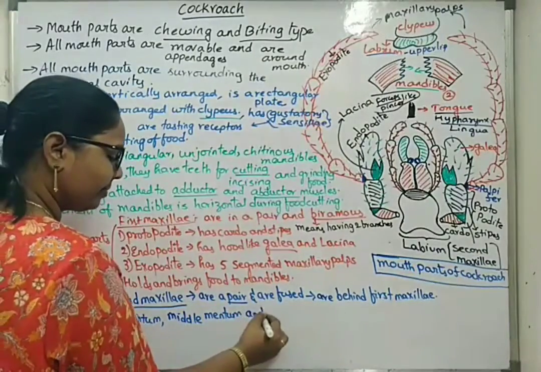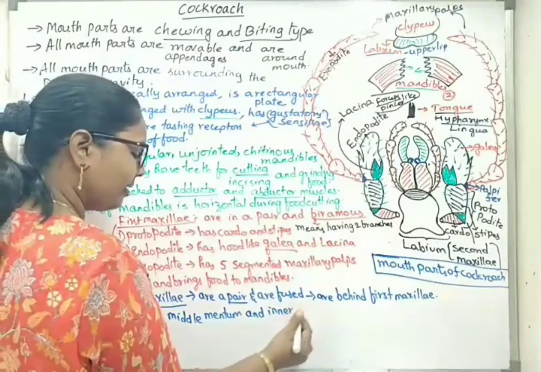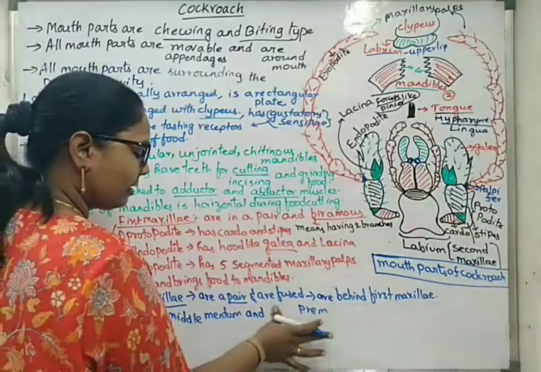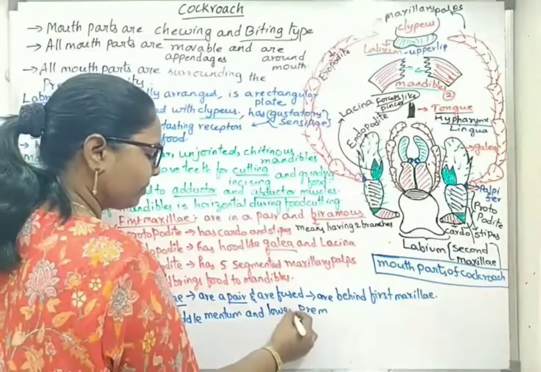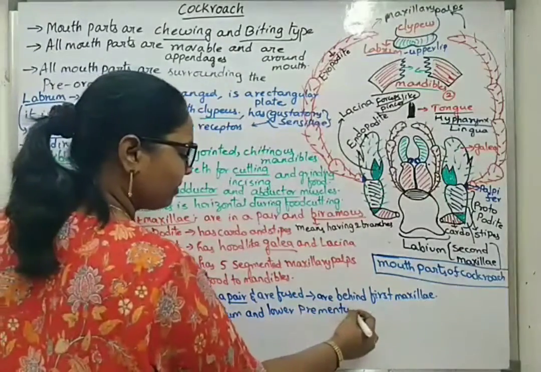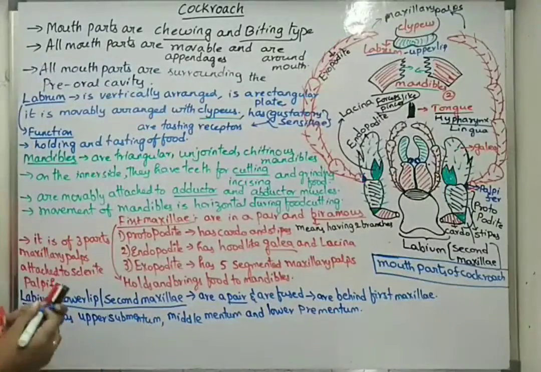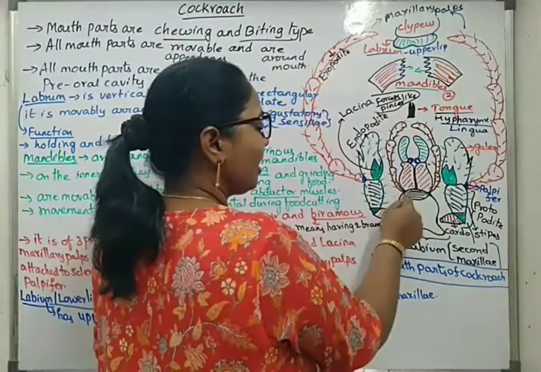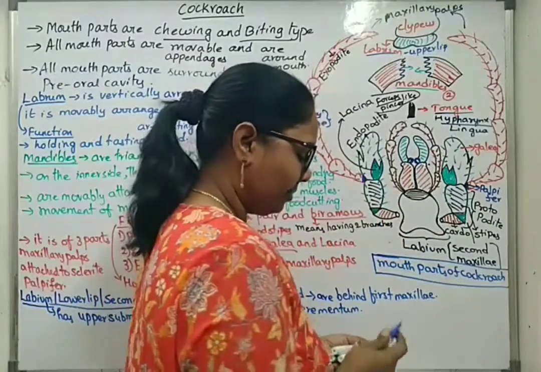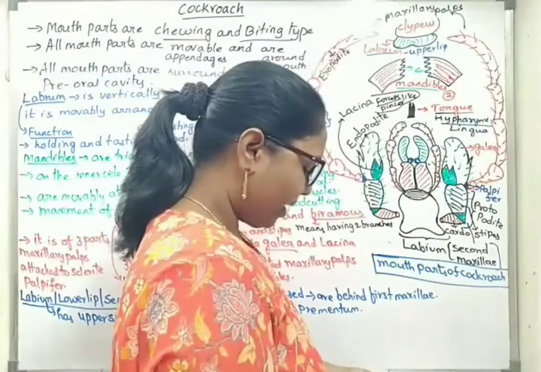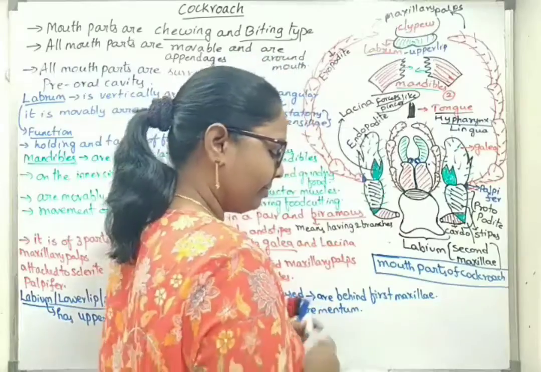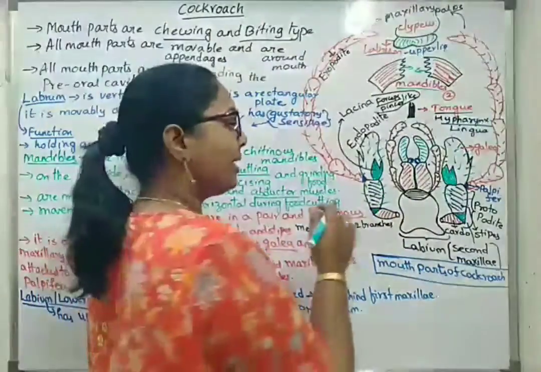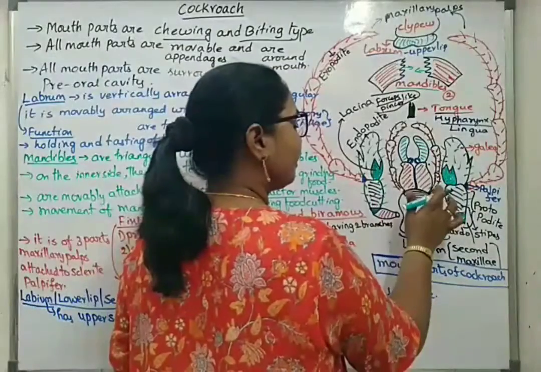And the inner prementum, or lower prementum, we can say. It has labial palps arising from palpiger. Here maxillary palps are 5 segmented, but labial palps are 3 segmented.